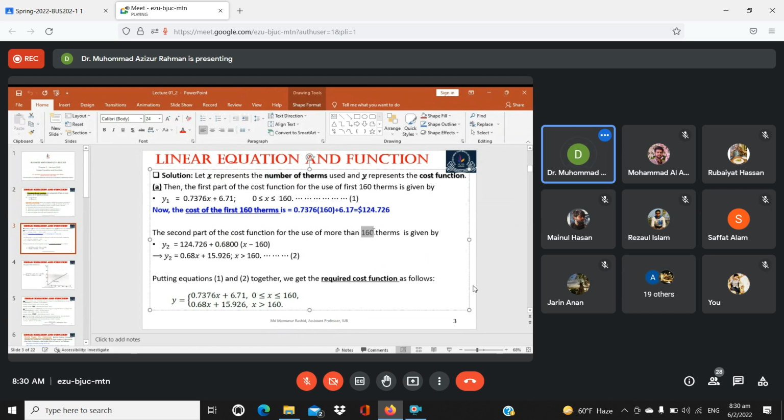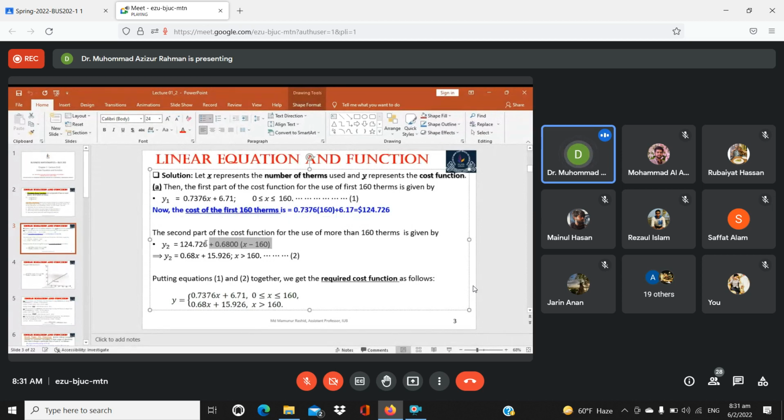You need to calculate how many therms you are using over 160. If x is the number of therms, then over 160 you are paying x minus 160, times the per-therm rate, plus what you pay for the 160 therms.